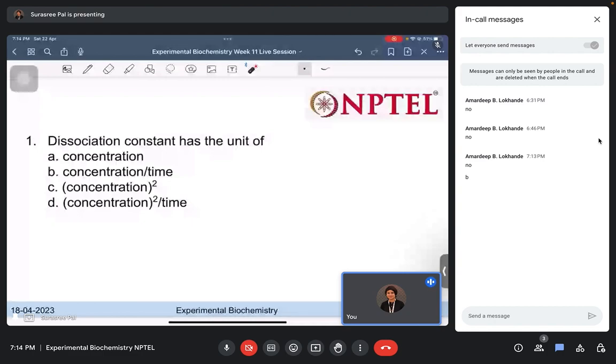Dissociation constant has the unit of concentration. I mentioned this, that the dissociation constant is concentration into concentration by concentration, so therefore it has the unit of concentration. Yes, A is the correct answer.